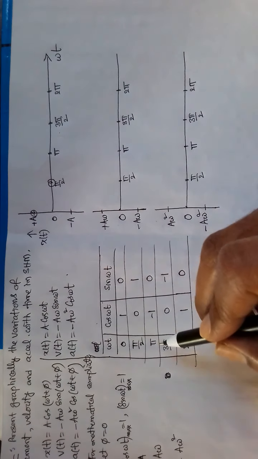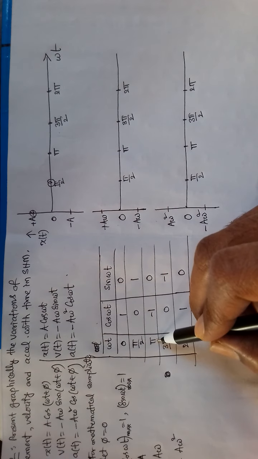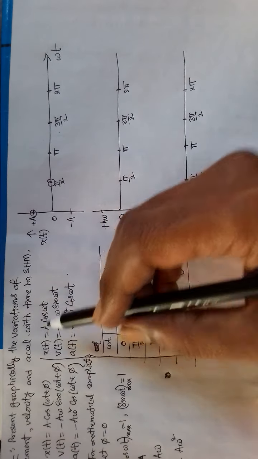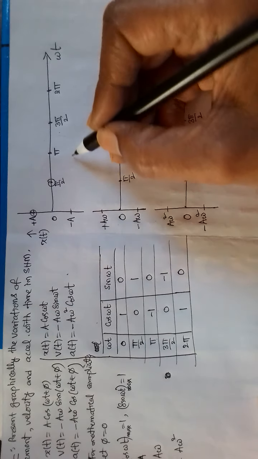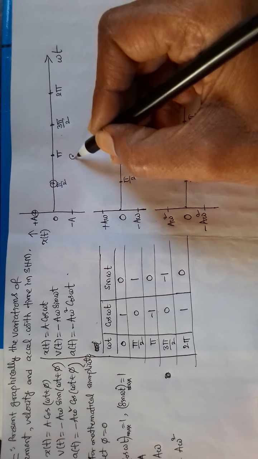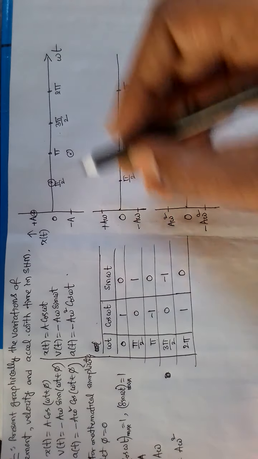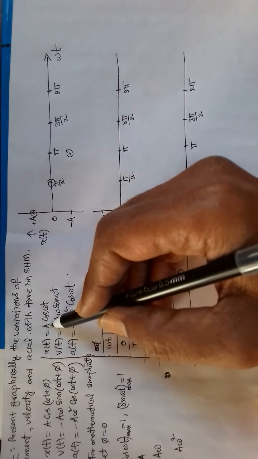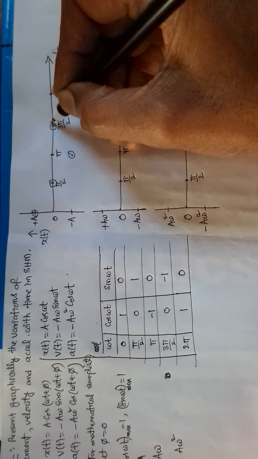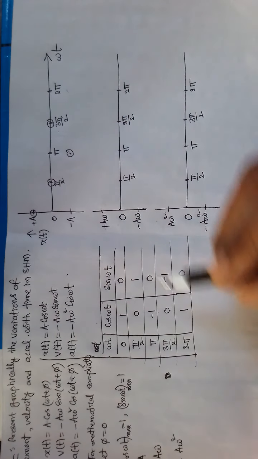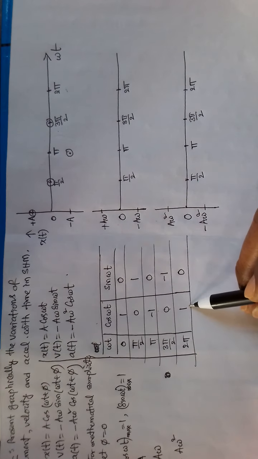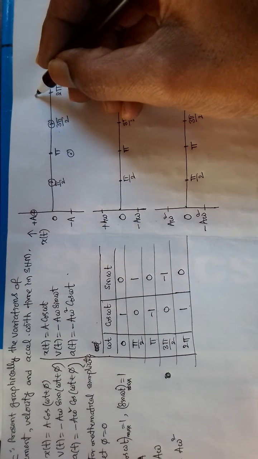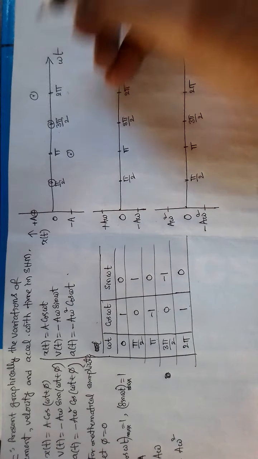Next pi, for pi cos gives minus 1, minus 1 into a is minus a. For 3 pi by 2, cos gives 0, so 0. For 2 pi, cos gives 1, 1 into a is a.